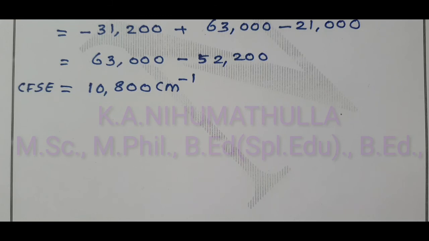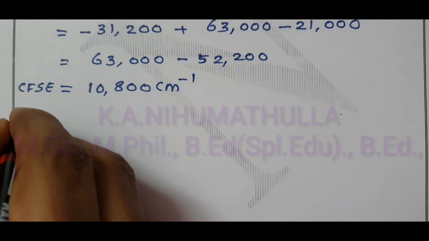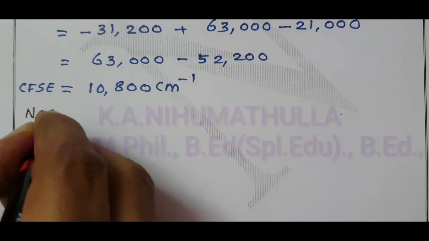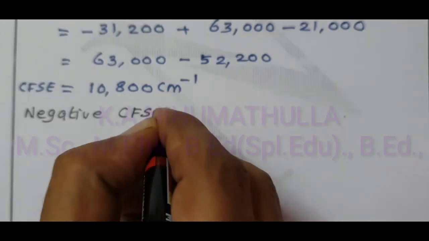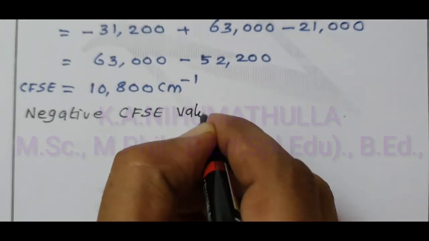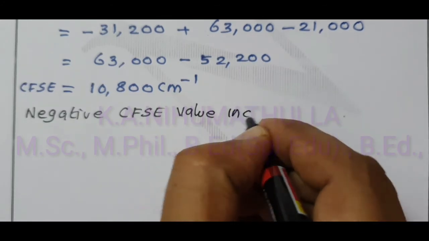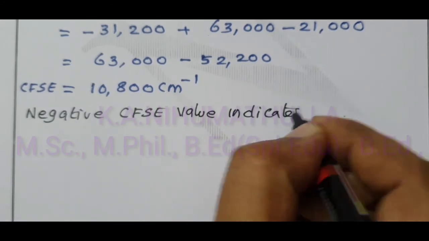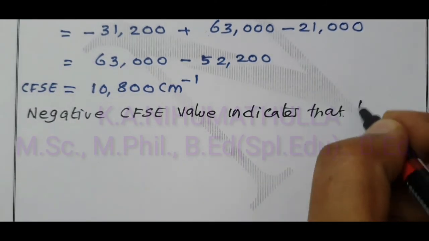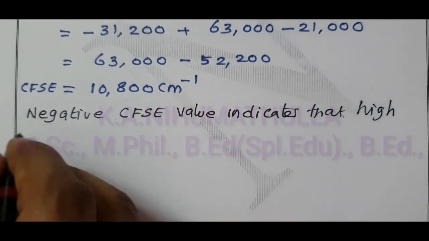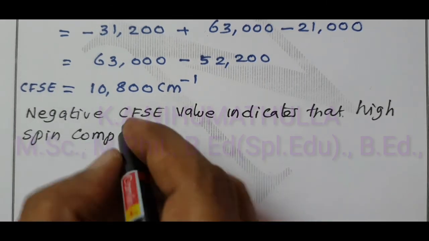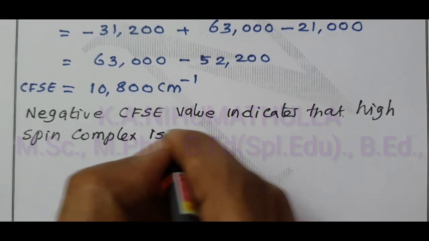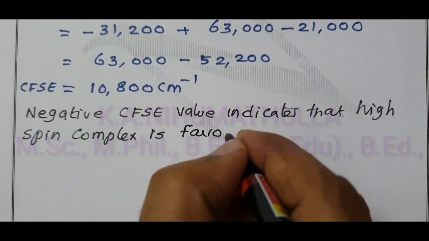So, after this calculation, first we have to write the negative crystal field stabilization energy value indicates that high spin complex is favored. High spin complex is favored.